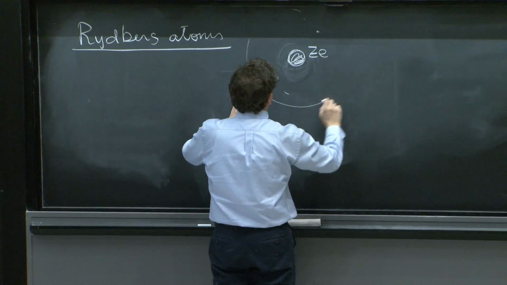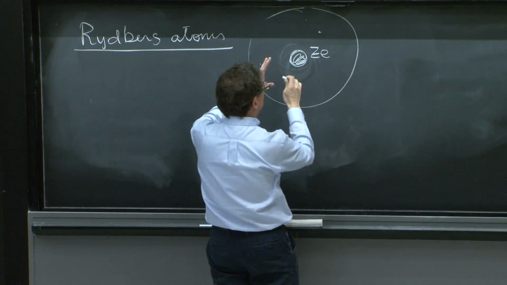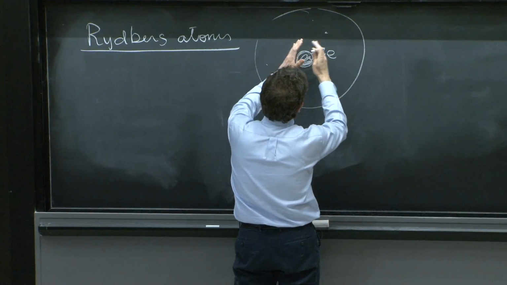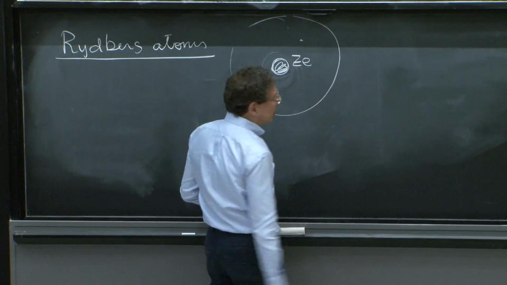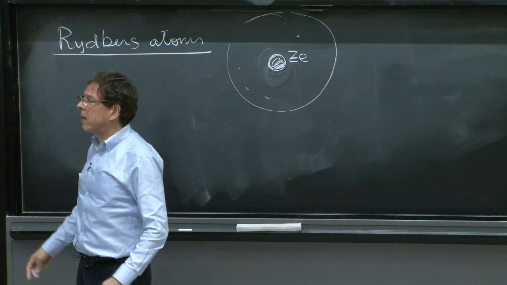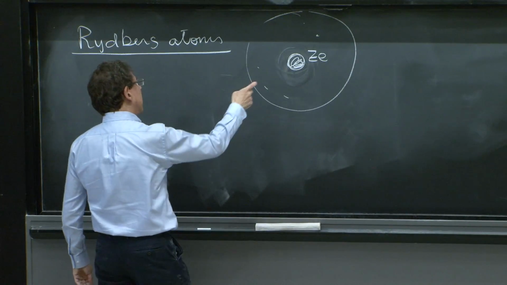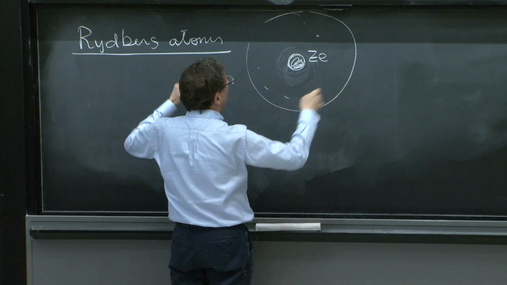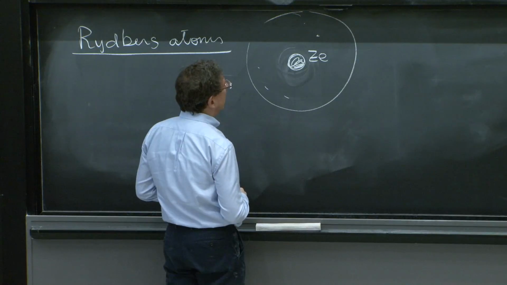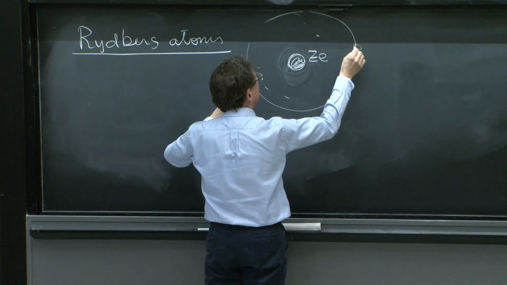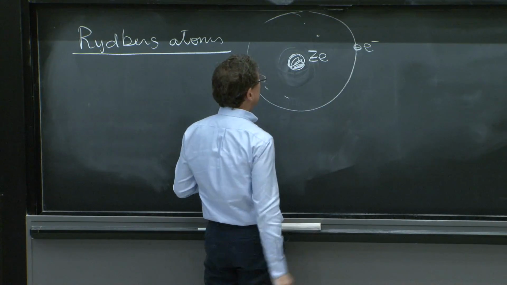And the last electron, suppose the last electron is in an orbit further out. You see, the orbits do become further out in general. And suppose the last electron is in some large value of little n, so it's somewhat out. So here is the last electron.